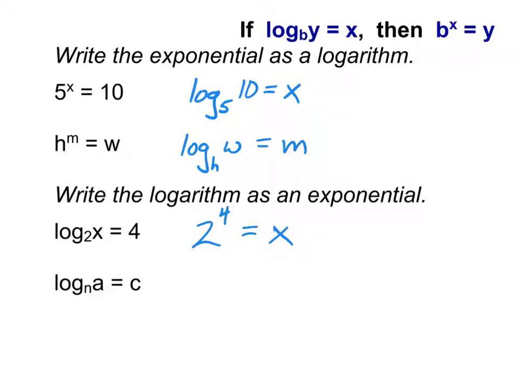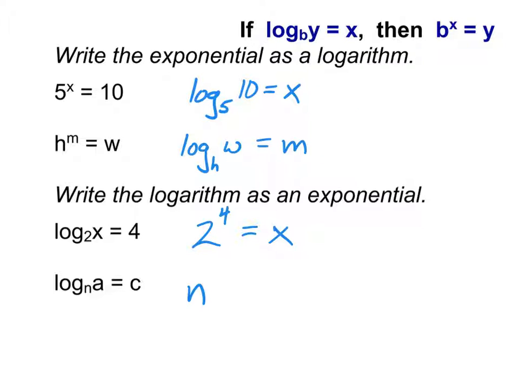All right, last one there. Again, we're going to start by figuring out what the base of our exponential is going to be. Take a moment. Which letter is that going to be? The base is the base of the logarithm, which is n. Next thing is going to be the exponent. N to the power of what? Again, look ahead.